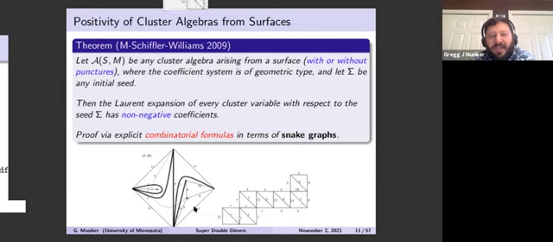And then in 2009, work with Schiffler and Lauren Williams extended this to surfaces with or without punctures. But for today's talk, I won't really have to focus on the punctured cases.